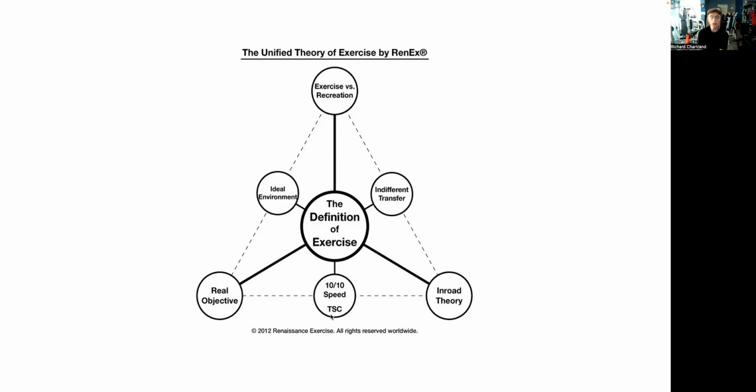Essentially, what you're looking to do here, going back to the definition, is fatigue the muscles as thoroughly, deeply, and efficiently as you can in the minimum amount of time with the least amount of weight. Muscle fibers work on an all or nothing basis.